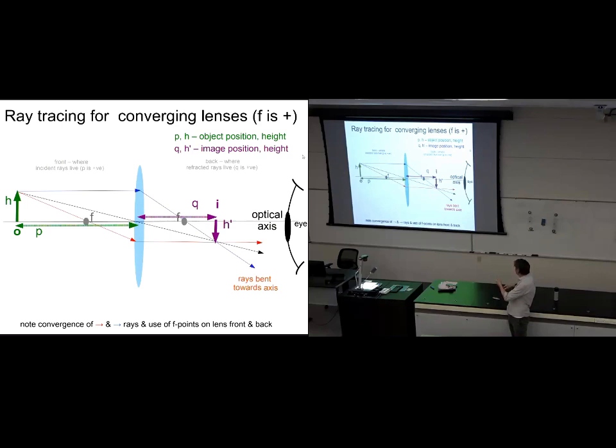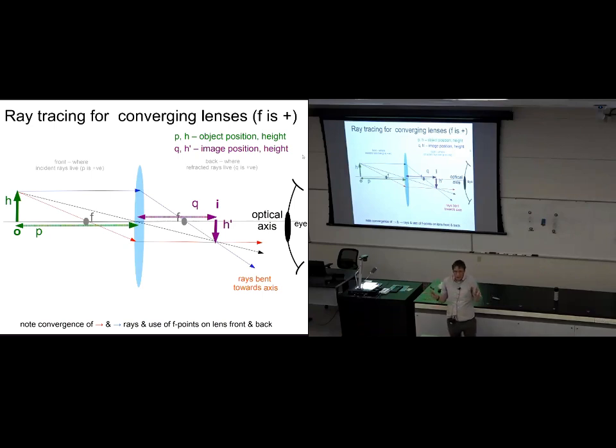And then here I'm telling you this is where the image is going to be located. It's actually on the other side of the lens. It's represented by this arrow here. The fact that the arrow is upside down means that the image is inverted. What we want to do is figure out why this image is located here with this inverted, shrunken size compared to the object over here. And so we're going to trace some rays.